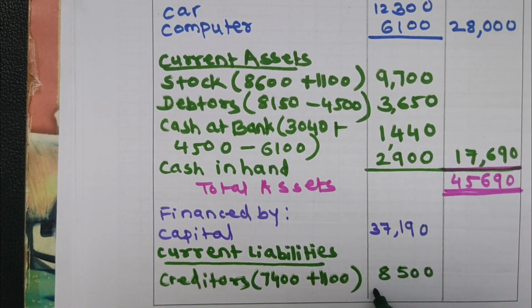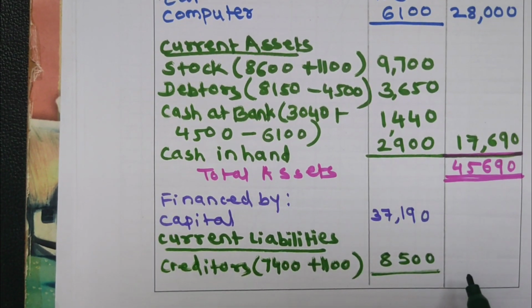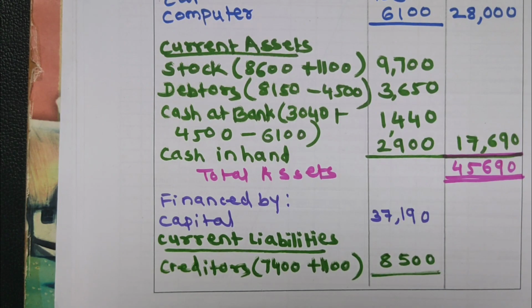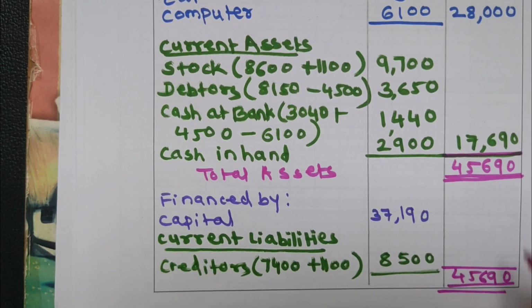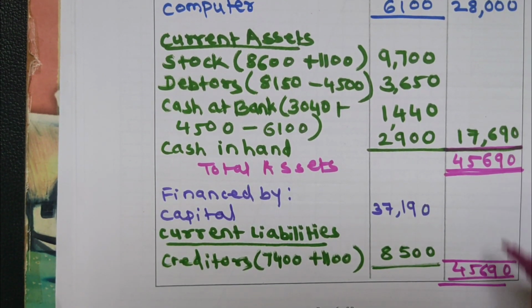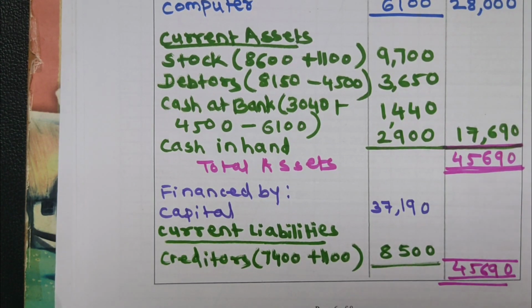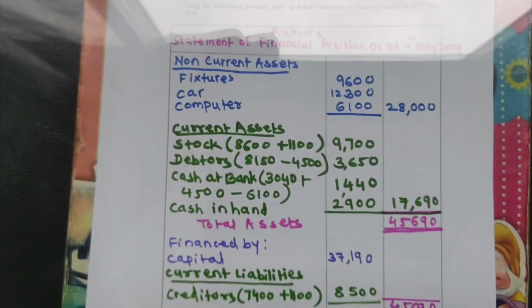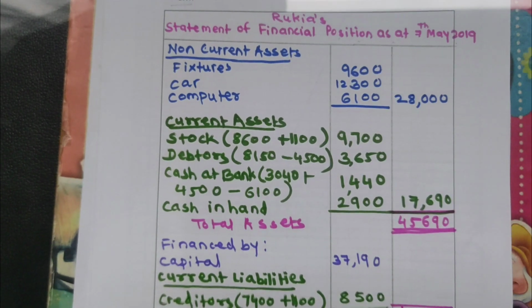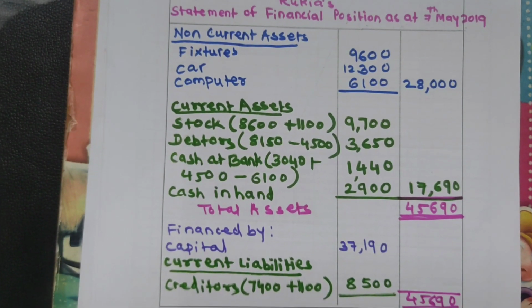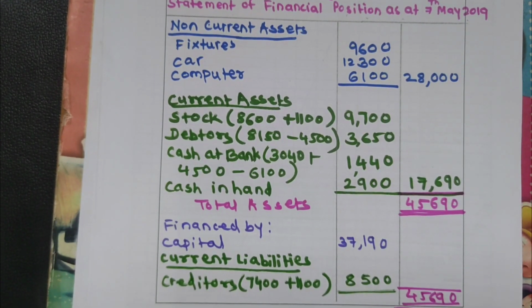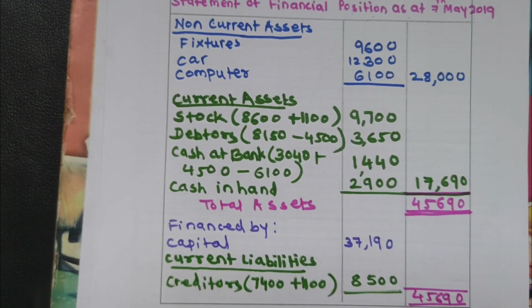Okay, so capital and this current liability, when we add, we get the amount 45,690. Okay, so you can see both amounts are the same. In this way we prepare the statement of financial position: non-current asset, current asset, then financed by capital and current liability.